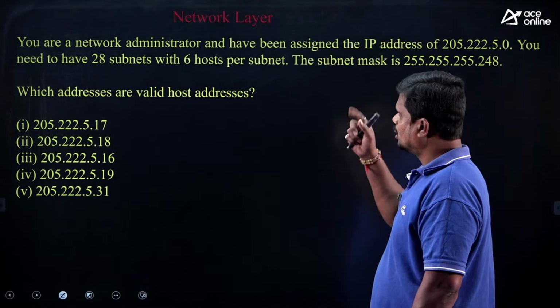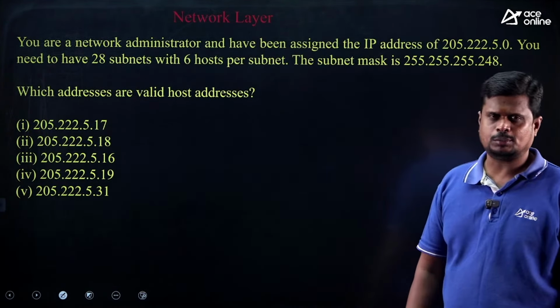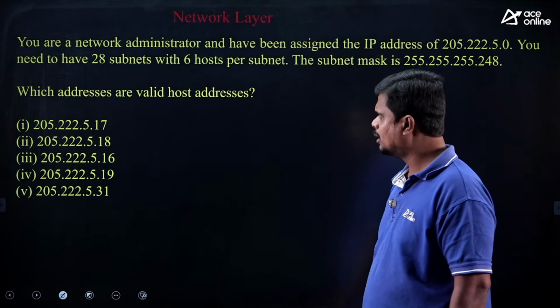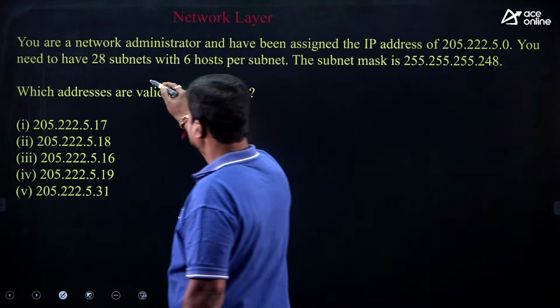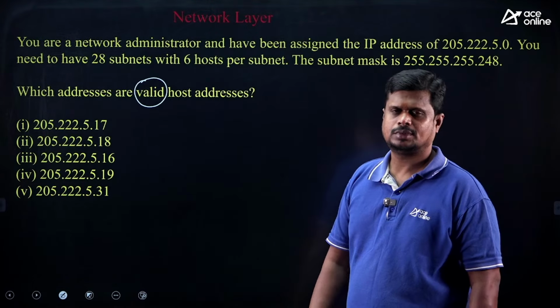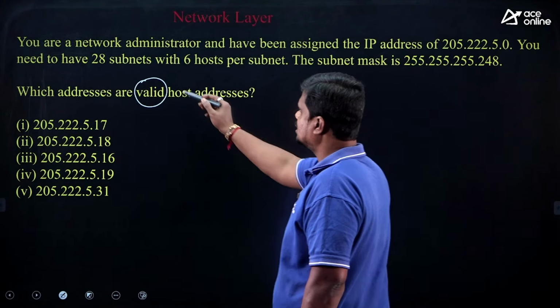This is the question we are choosing from the network layer, and it is an MSQ kind of question. The question is asking about valid addresses. What is the meaning of valid?